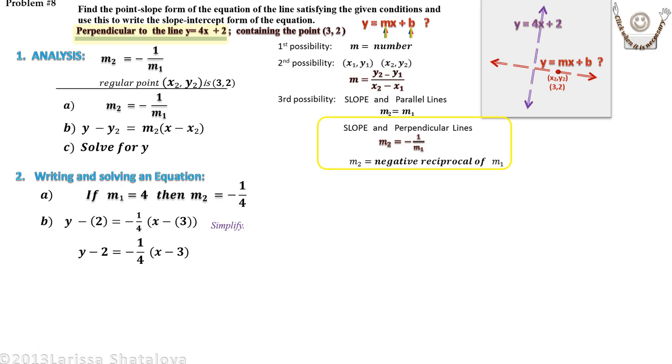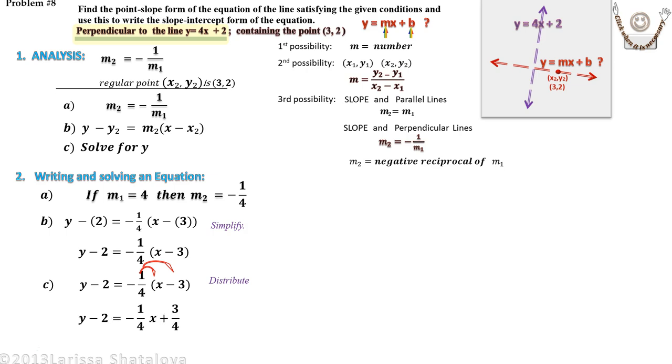But we have a request to solve for y because we need the slope-intercept form. So we have to use the distributive property first in order to remove parentheses. It will be negative 1 over 4 times positive 1x, which is negative 1 over 4 times x.